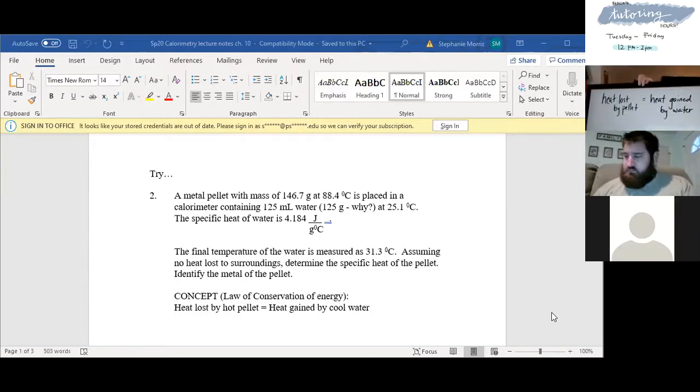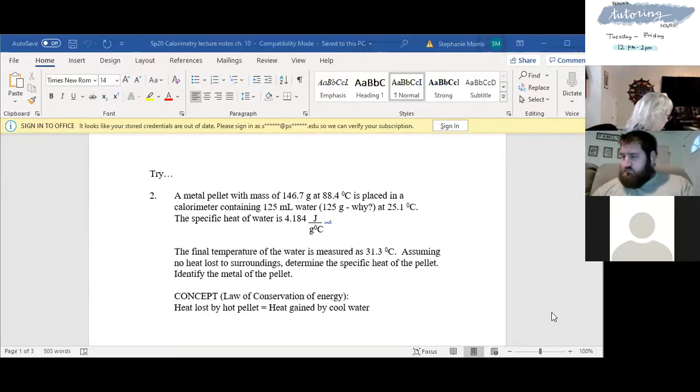But I am going to make a substitution. Instead of the word heat, I'm going to say mass times specific heat times temperature change. And then I'm going to write it again. Mass times specific heat times temperature change.